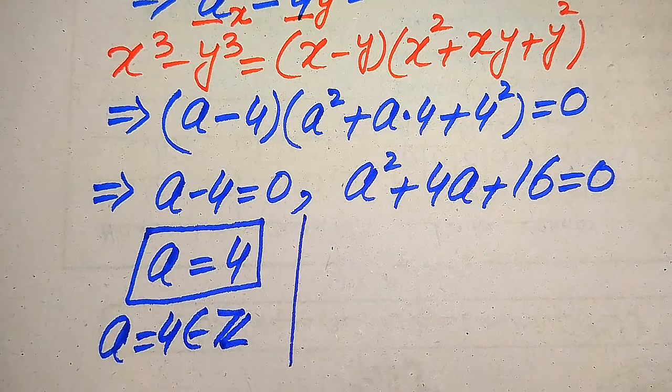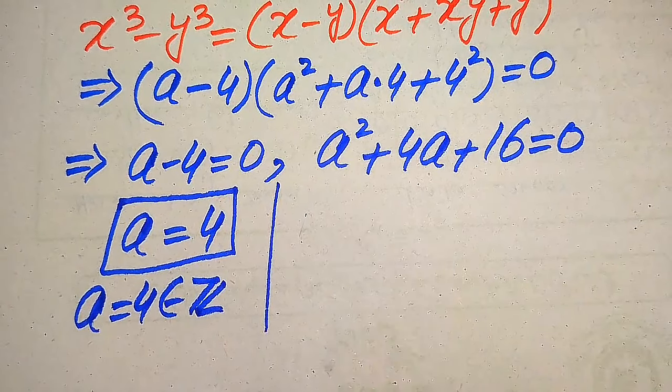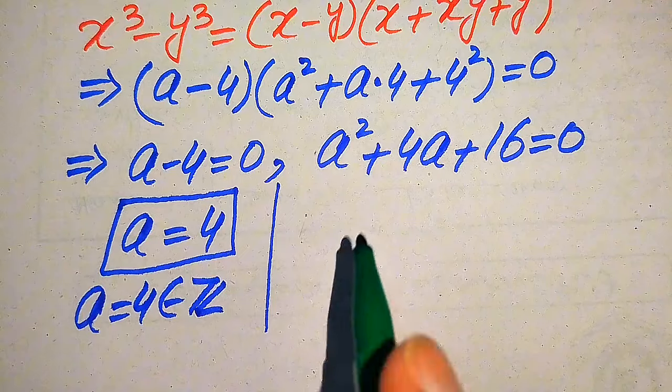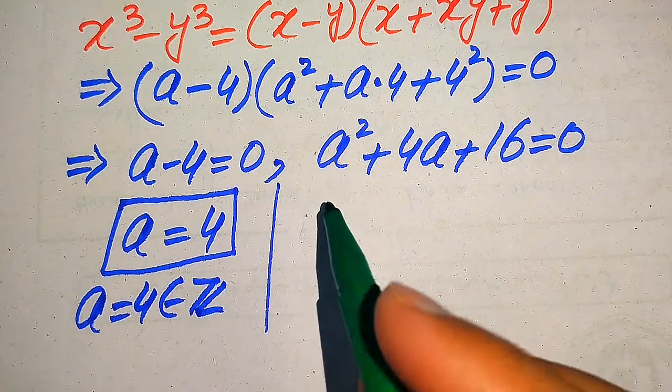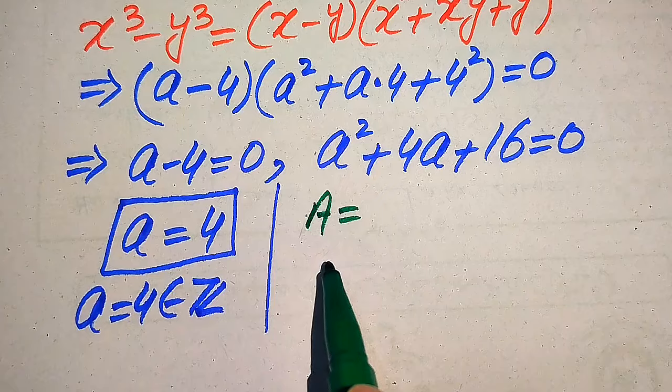And now in the next step we first check whether this quadratic equation has an integer solution or not. So for this we just need to use the quadratic formula to find the other solutions. Here we write the coefficients of this equation for applying the quadratic formula.